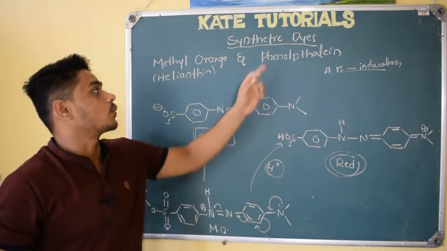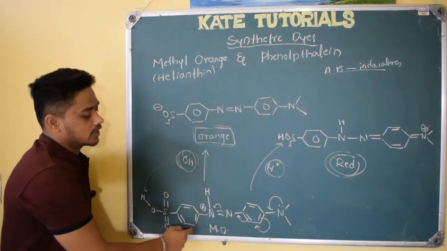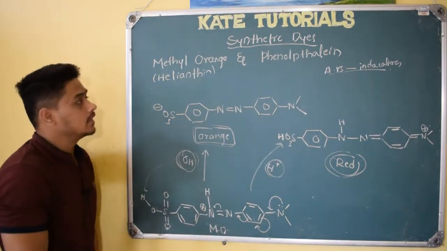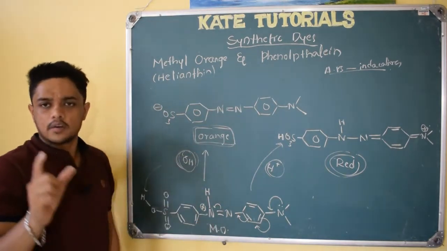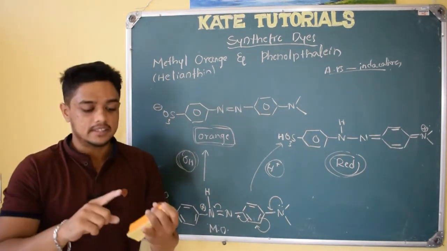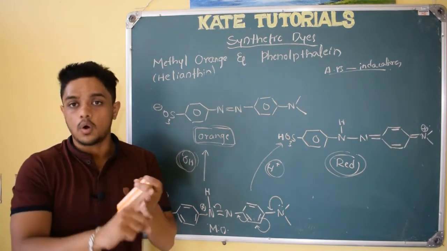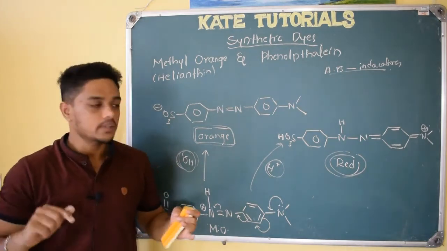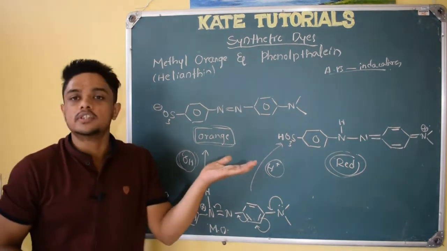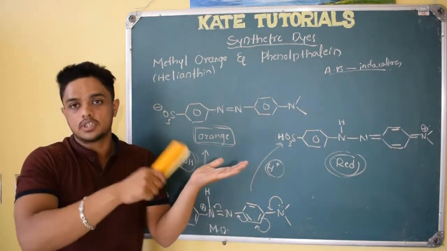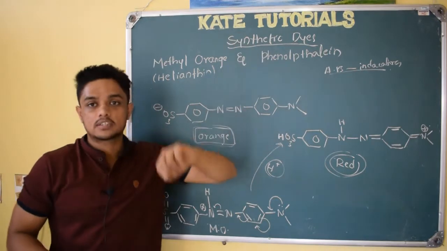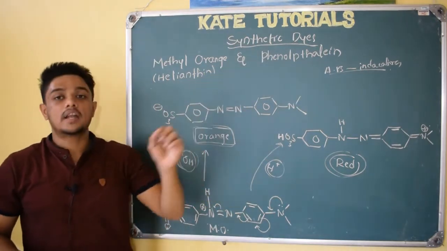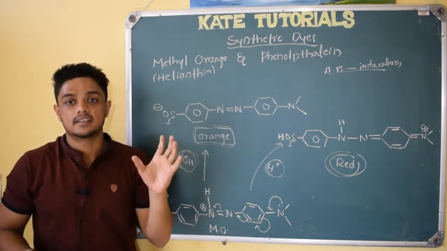You may ask, why sir, why can't it act as a dye? Because methyl orange also has an orange color, right? But the problem is that it is not resistant to soap, nor water, nor light. Whenever I take this methyl orange which is orange in color, if I expose it to light, it will vanish, right? I told in the first class itself that dyes have 3 characteristic points.